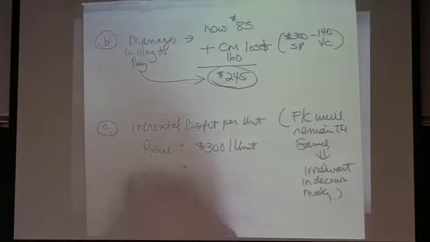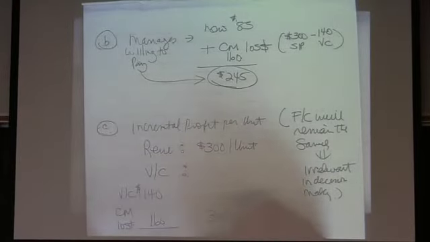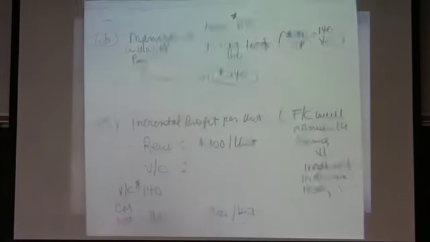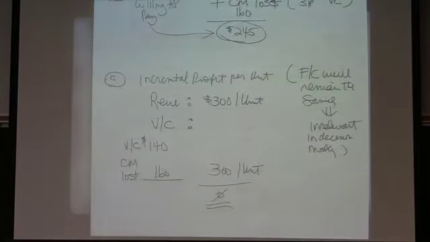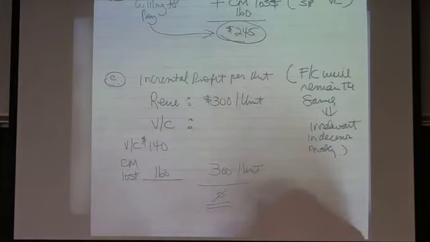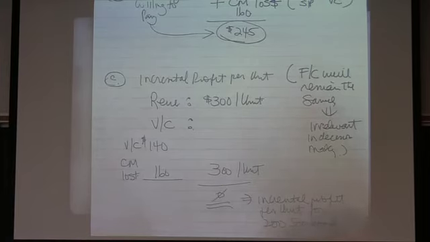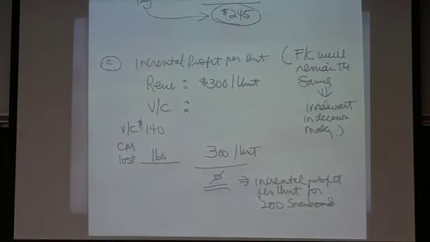The variable cost would be the 140 plus the contribution margin loss, which is 160. It'd be 300. So if you think about it, they're going to make zero profit on those 200 units. So that's the incremental profit for 200 snowboards. Okay? Thank you.